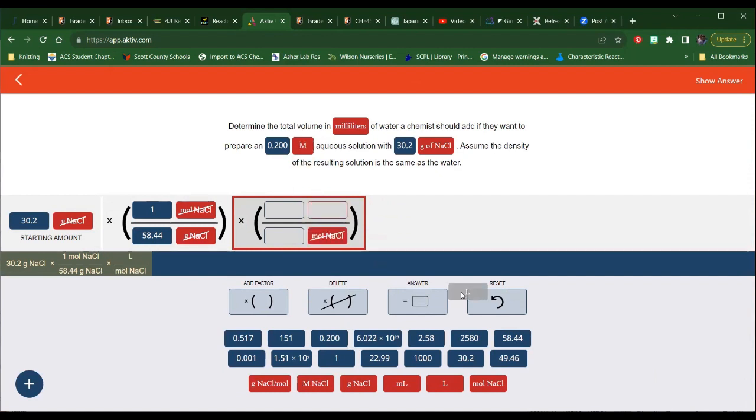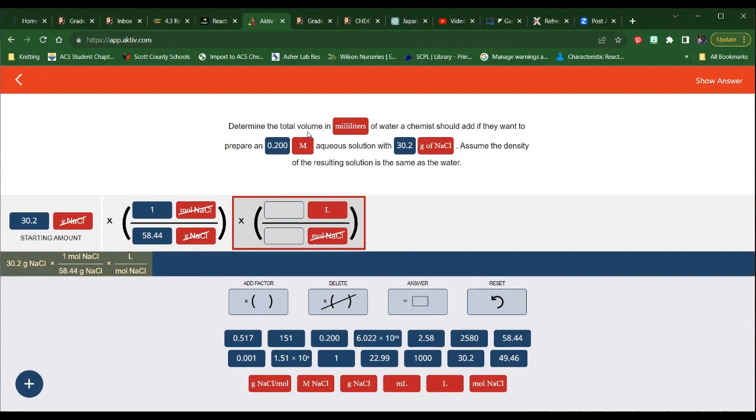Now, what if I put it in the wrong spot? What if I put molarity on the top spot? Notice that my moles don't cancel each other out. They're not crossed out. So if I'm seeing two of the same units, both on top or both on bottom, I might want to think about swapping places with them. So I'm going to try this again with it on the bottom, and notice my moles cancel, leaving me only with liters to deal with.